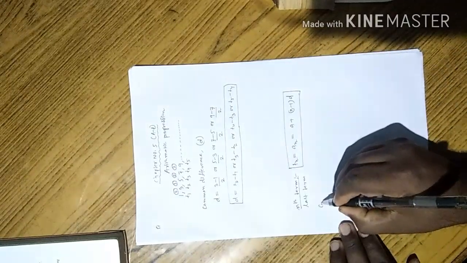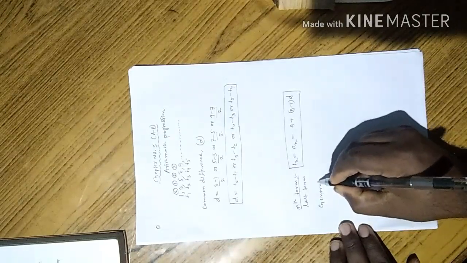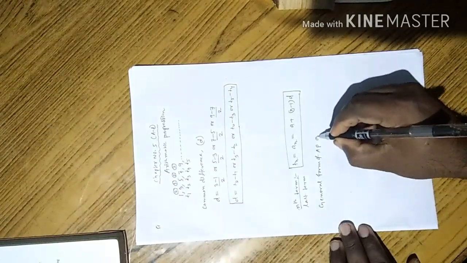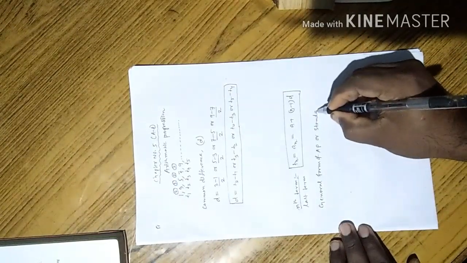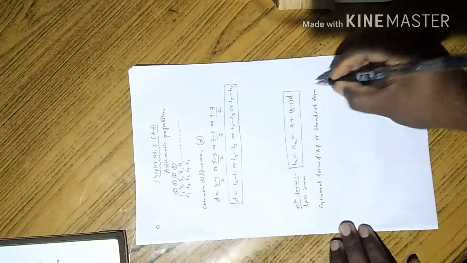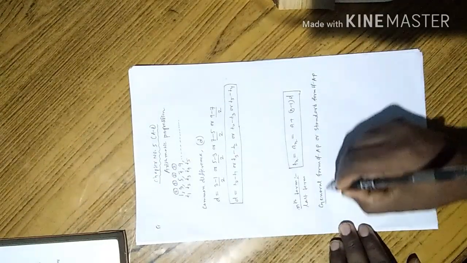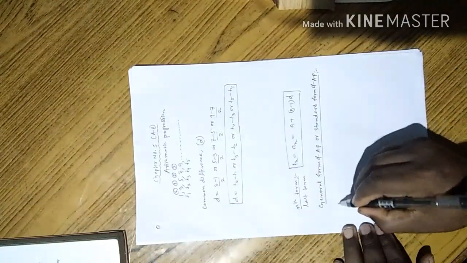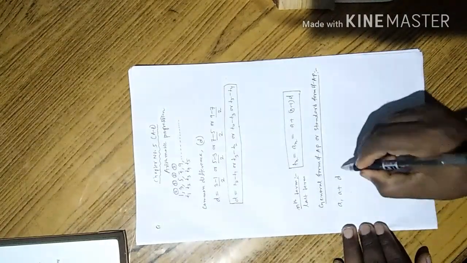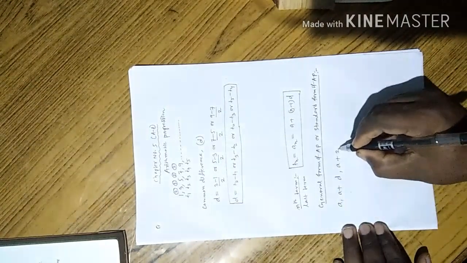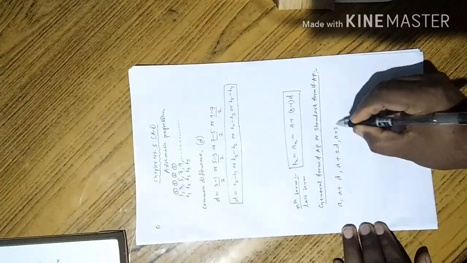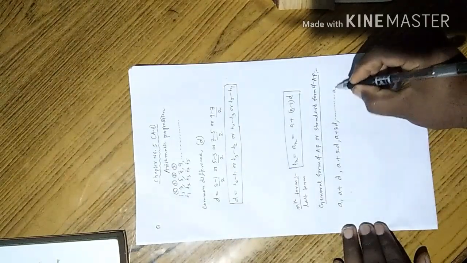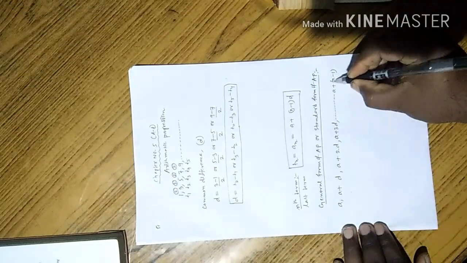Next I'll give the general form. General means standard form. General form of AP, or you can say standard form of AP: a, a plus d, a plus 2d, a plus 3d, dot dot dot, a plus n minus 1 into d.